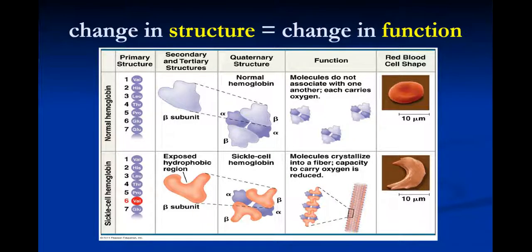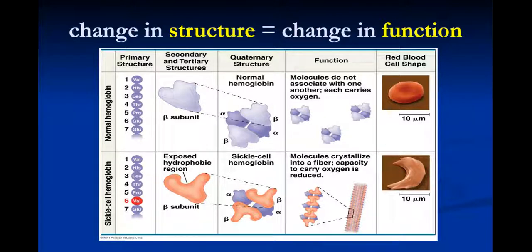So for instance, here's an example that's pretty common, and we've actually identified the specific amino acid that has been mutated to cause this disorder. This is referred to as sickle cell anemia. So there's a defect in the hemoglobin protein that the body is producing for our red blood cells.